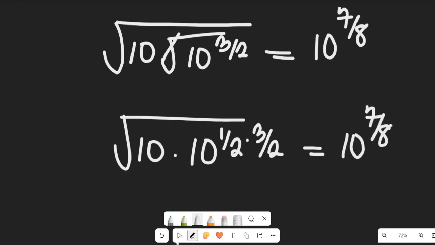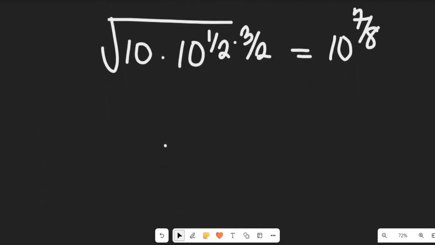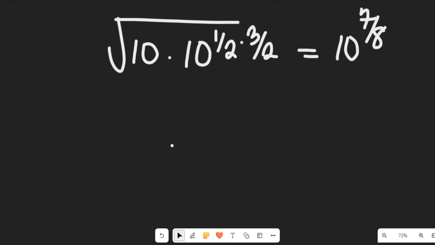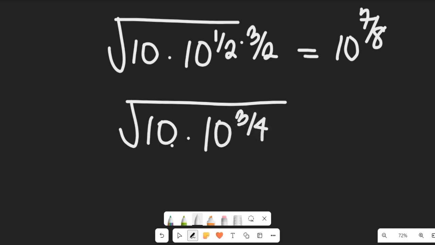Remember, what we are going to want to achieve is to let the left hand side equal the right hand side. So this is automatically going to give us 10 multiplied by this, which is going to give us 10 to the power of 3 divided by 4. Remember, this is 10 to the power of 1.